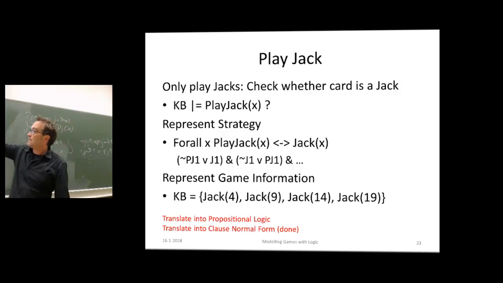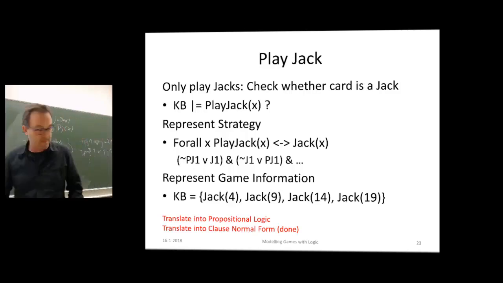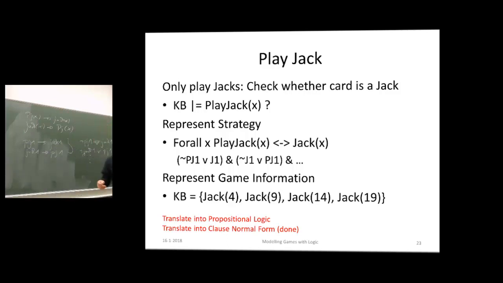And then what you have to do to this propositional knowledge base is to add the statement, suppose I want to check whether my card playing the card 7 adheres to the play jack strategy. I just have to add the formula play jack 7 in a negated form to the knowledge base and check whether it is satisfiable or not.